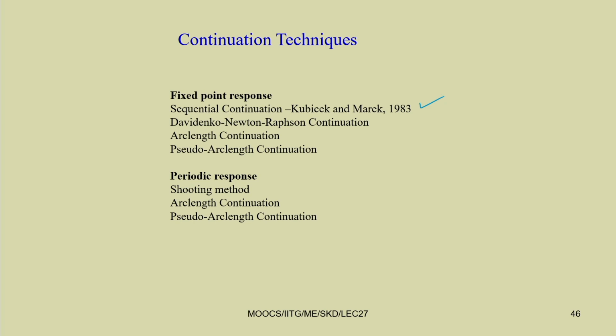Then there are the Newton-Raphson continuation and arc length continuation techniques. Then you can have the pseudo arc length continuation technique. For periodic responses you can use the shooting method, arc length continuation method, and pseudo arc length continuation method.